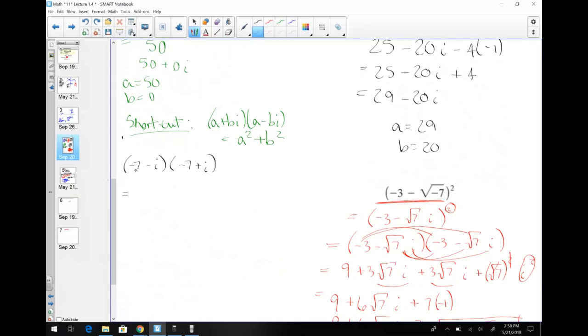If we square this A here, we've got 49. If we square the B, we've got plus 1, and that just gives us 50. Okay. So if we need to, we will definitely be going over this in class and trying some more examples.